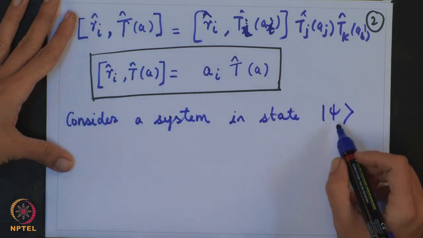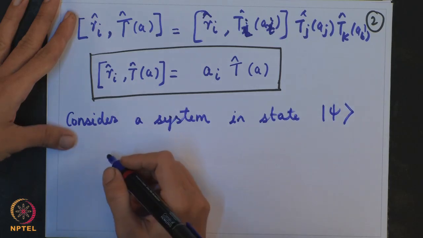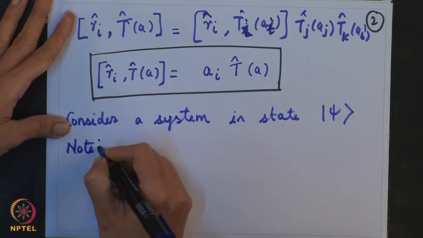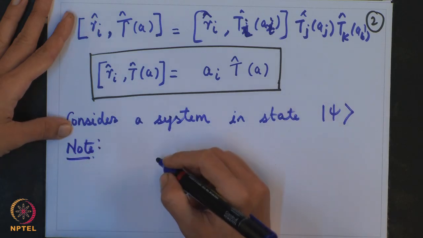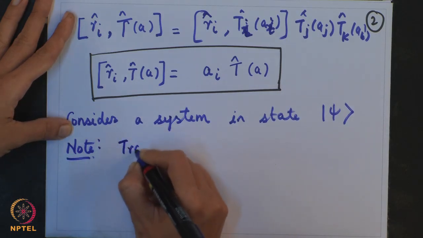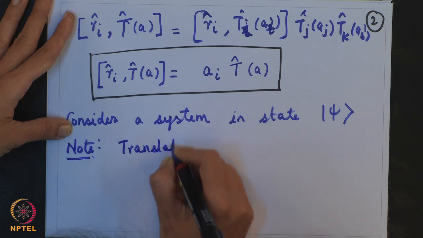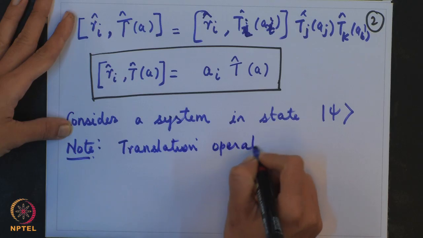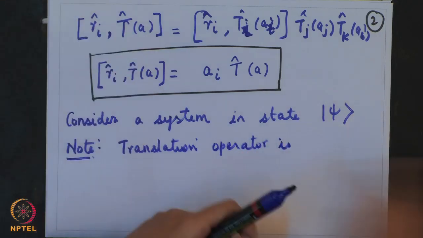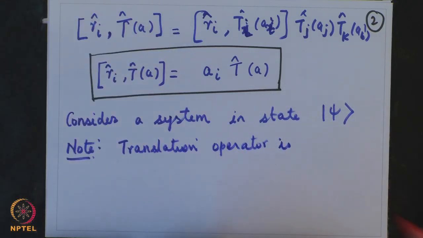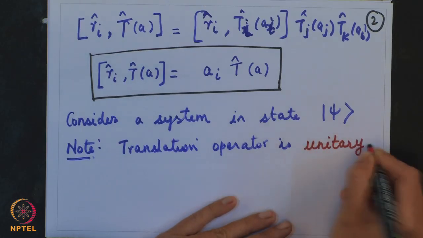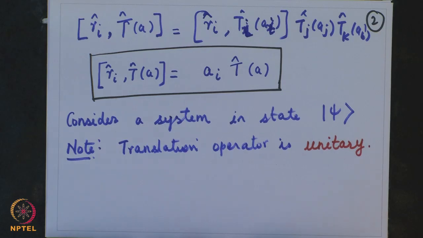Let psi be the state of the system, and it is important to note here that the translational operator is unitary. This is one thing you must remember.